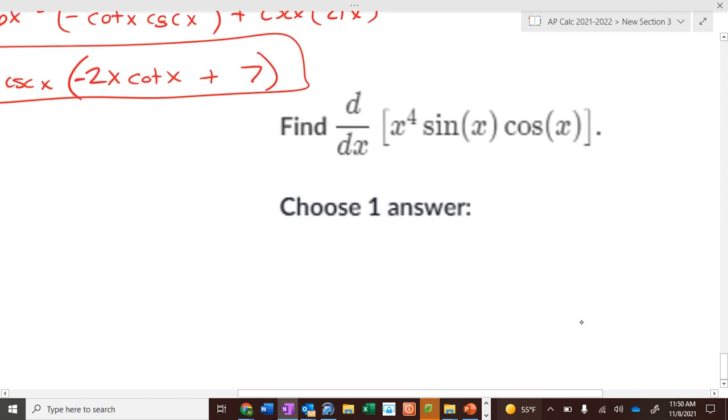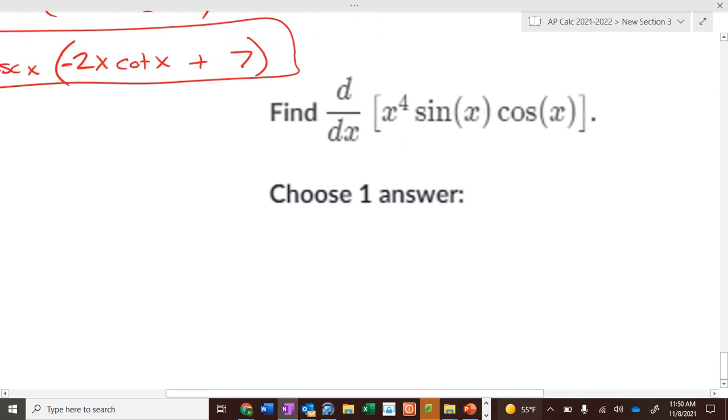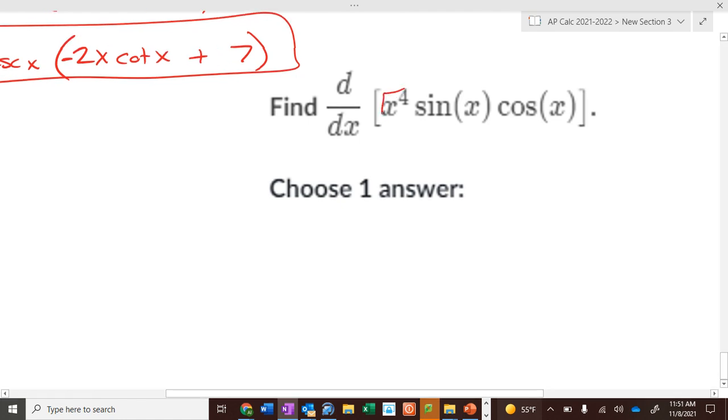Last one. I think this is the last one. Yeah, the last one. So this covers the whole week of what we're doing this week. Okay? How do we do this? Well, it's a product rule thing. Because we could do the product rule of these two, and then inside the product rule, do the product rule again.